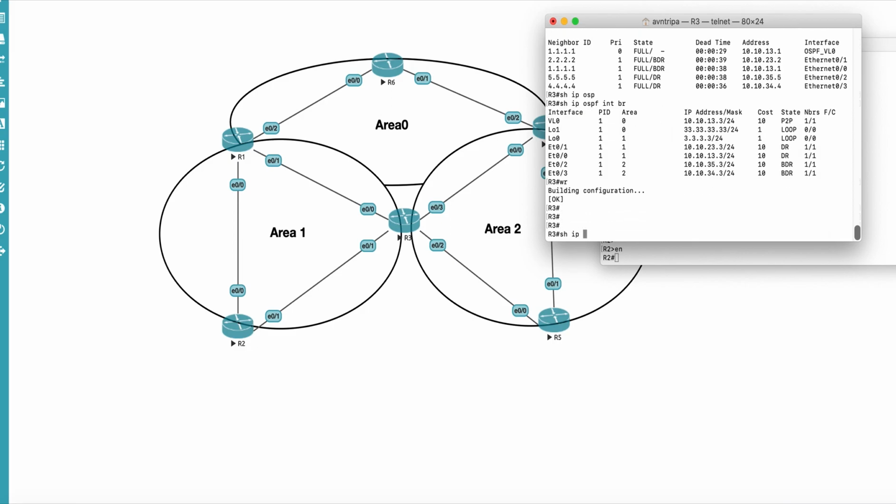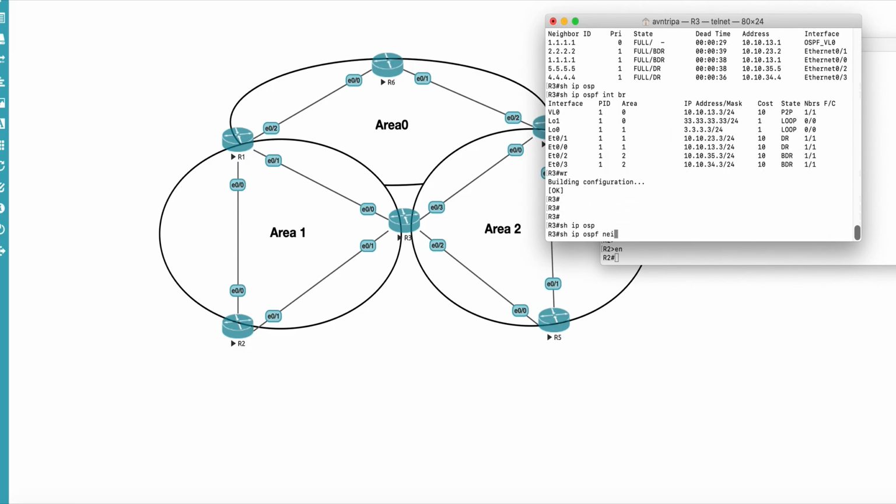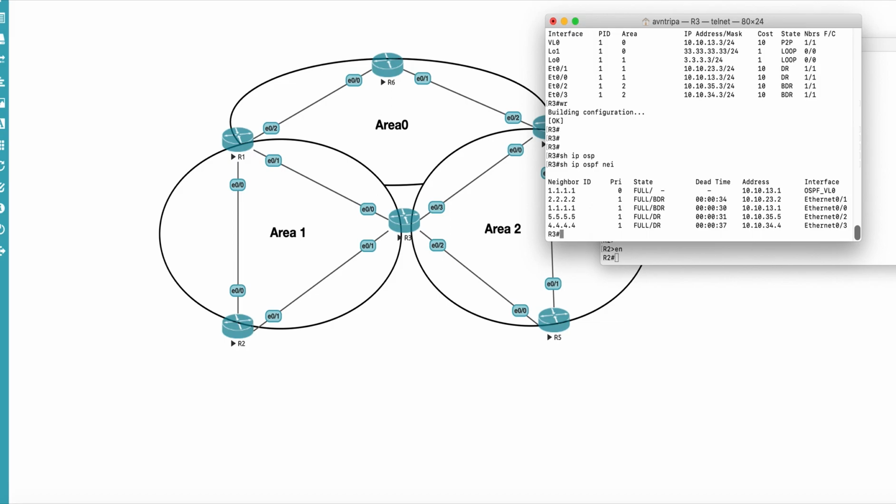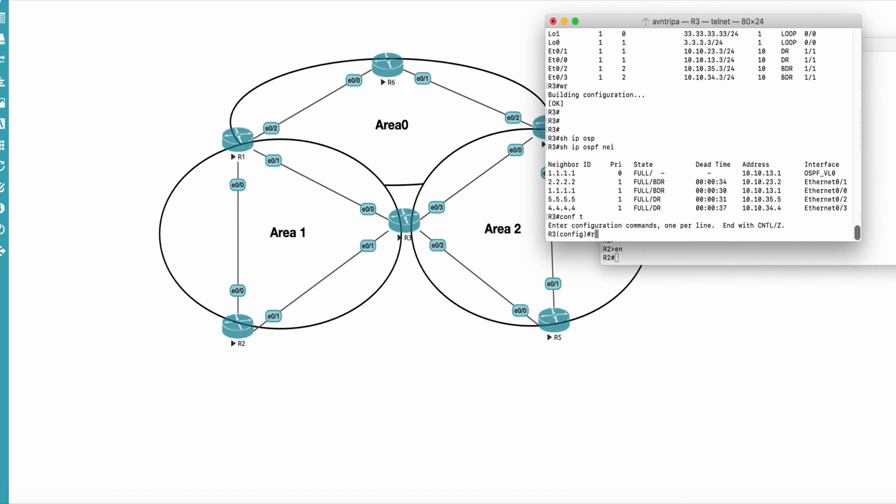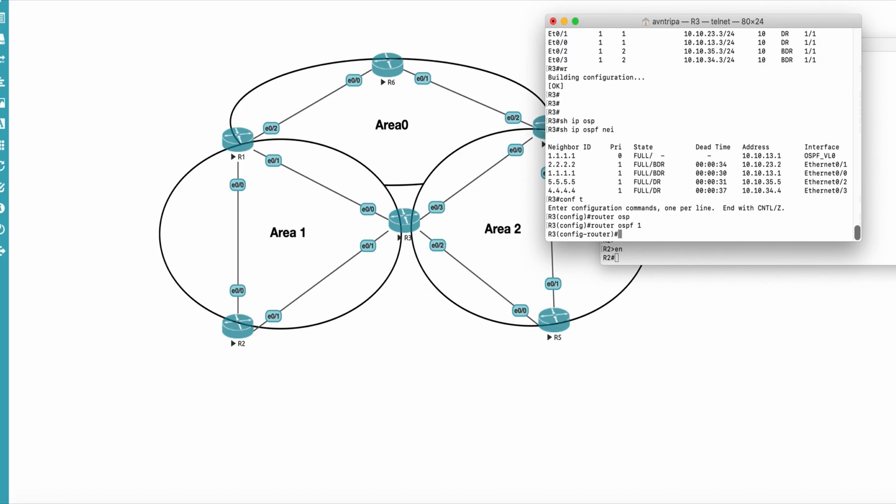Show IP OSPF neighbor. So yeah, this virtual link is there. Let's remove this virtual link. How will we do that? Just go to router OSPF and do the no form of the virtual-link command.